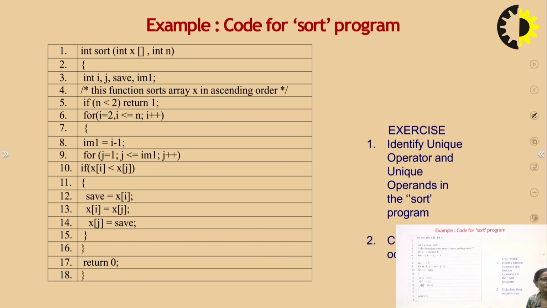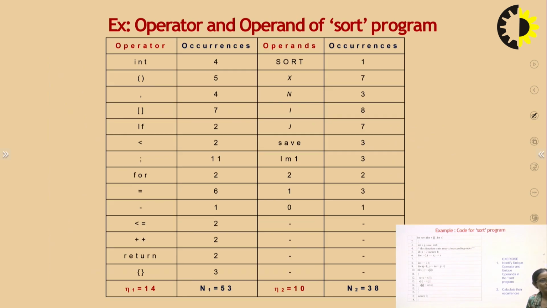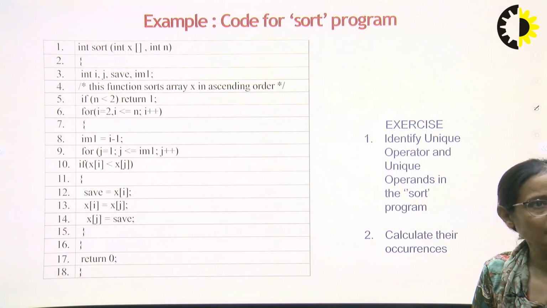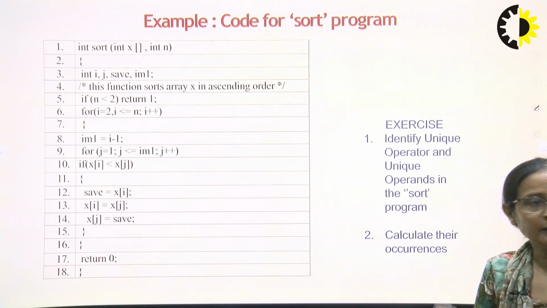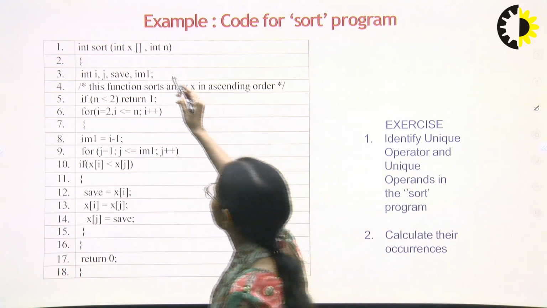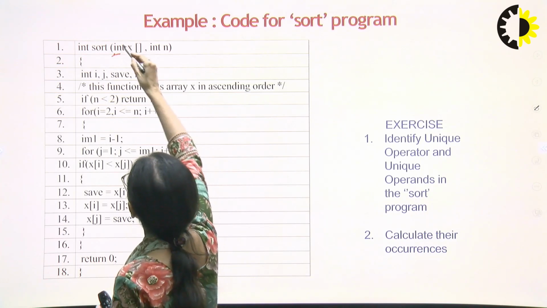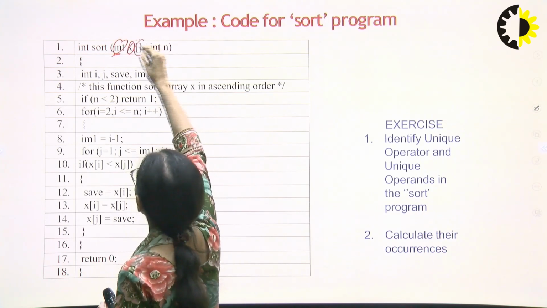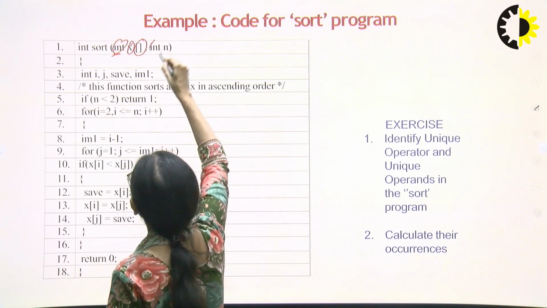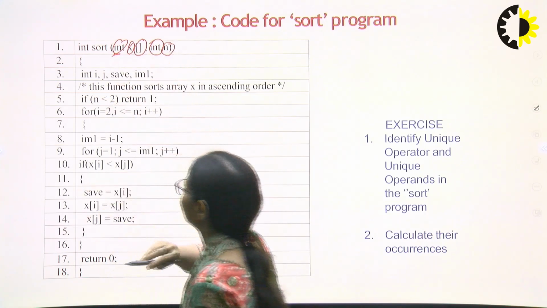So this is a simple code for my sort program. Here I need to identify the unique operators and unique operands in the sort program, then calculate their occurrences. This is the table. Let's come to the int part: int sort, then the round bracket, then int x, the square brackets, again int and n.